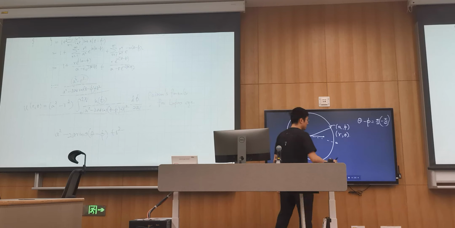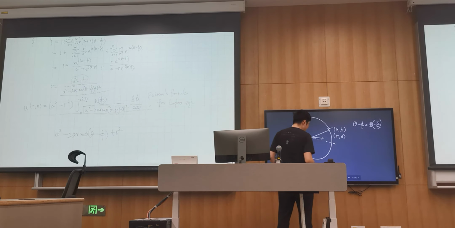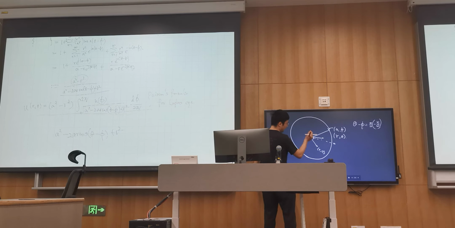Let's see what will happen in this case. If that happens, then I'm actually looking into something like this. This is my r theta, and here we have an exact angle.